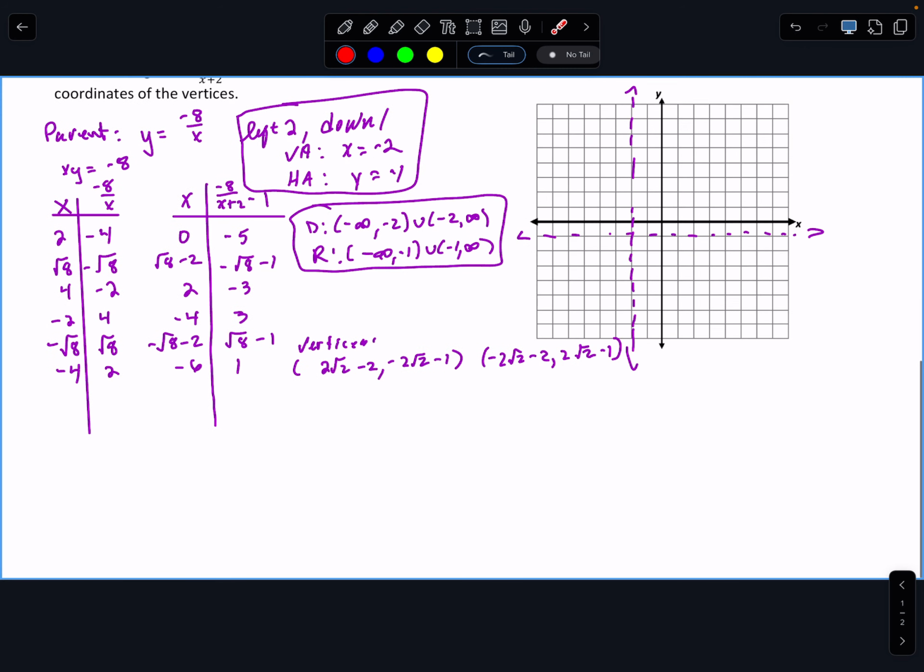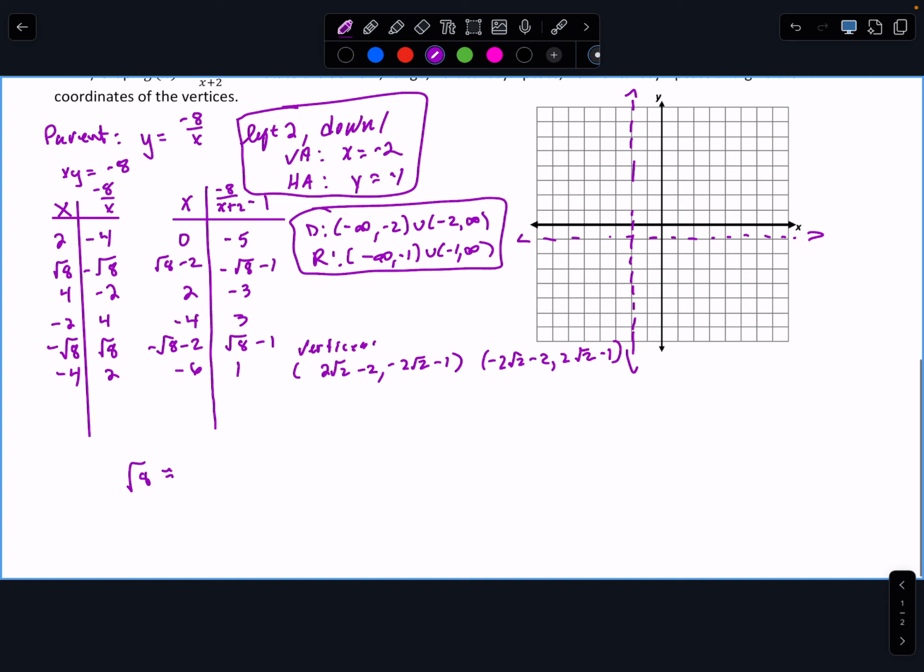Now, you need some kind of approximation here. So square root of 8 is very close to the square root of 9, and the square root of 9 is 3. Without a calculator, just approximate it. If you use 2.7, 2.8, 2.9, any of those is fine by me. I'm going to use 2.8.